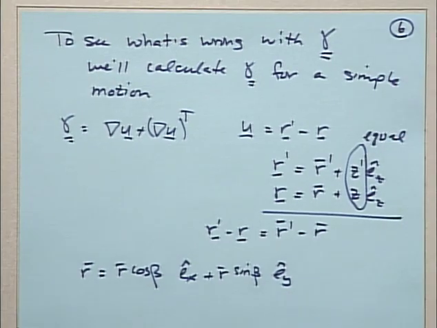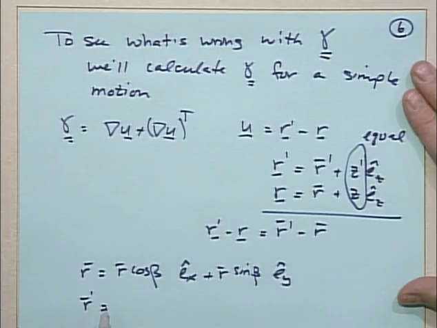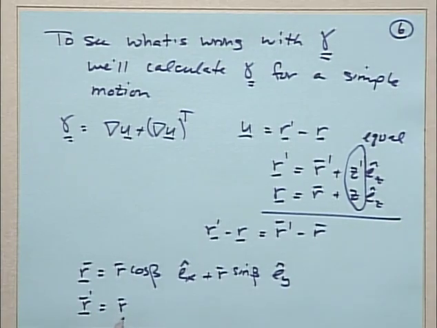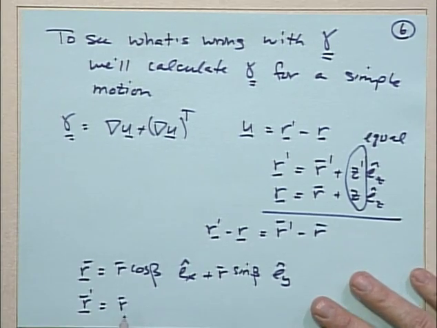And likewise over here, we can do the same thing. R bar prime, meaning at t prime, the vector r bar prime, is equal to the magnitude r bar prime, actually it's the same magnitude, so I can just use r bar.